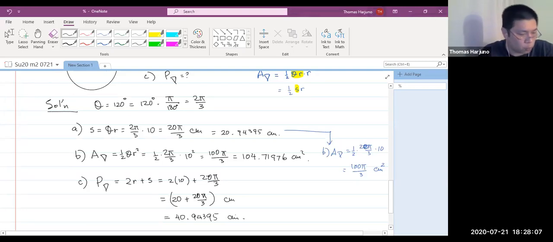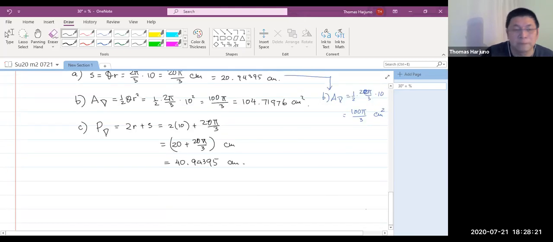Now that's for arc length and sector area. The other use, part 3, is linear speed. Just like the one we learned before, rate equals distance divided by time.